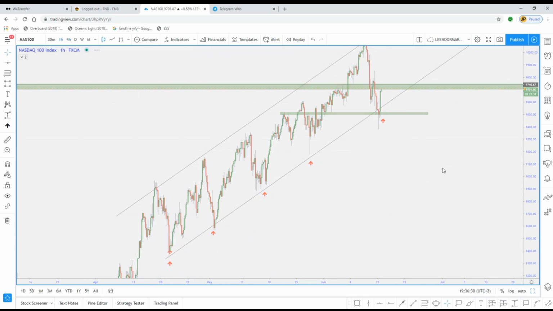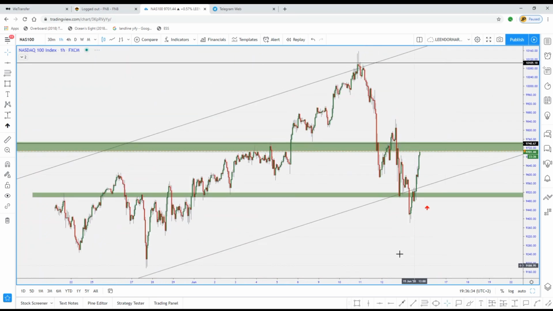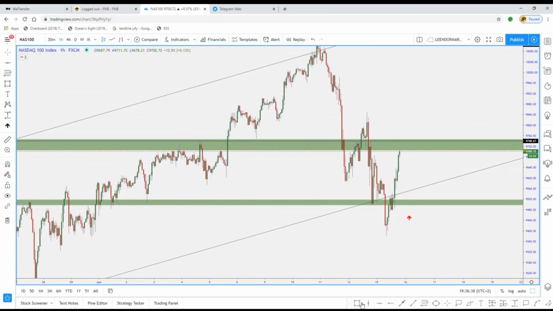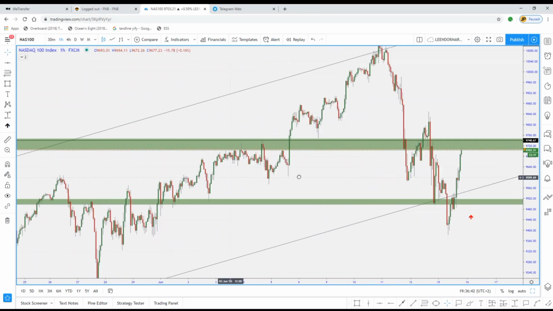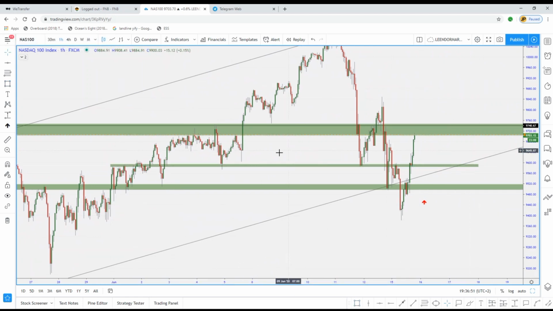If you're trading a smaller time frame, you would obviously look at other levels, like these levels over here, from the left going to the right. Look at how the market has actually been respecting this level.